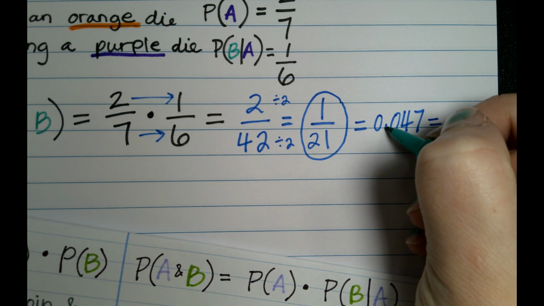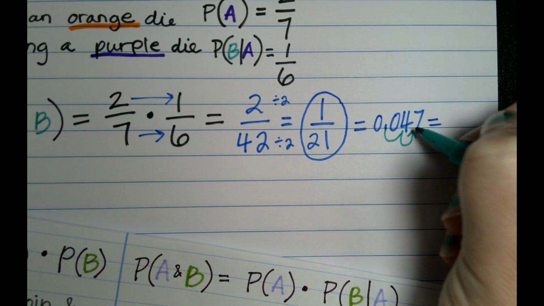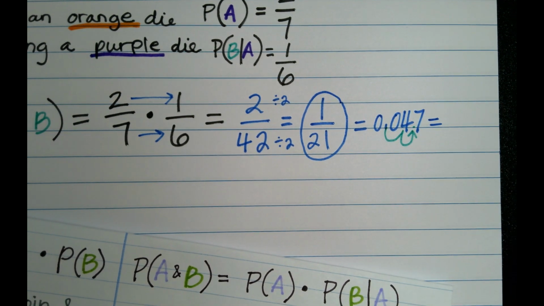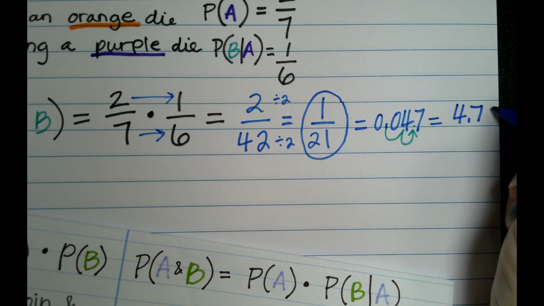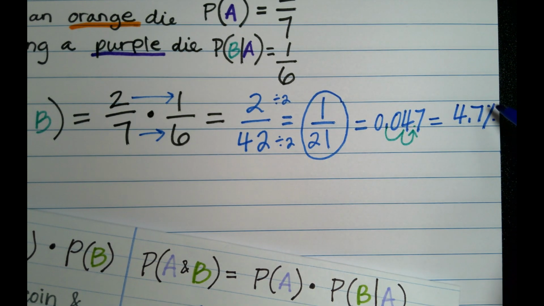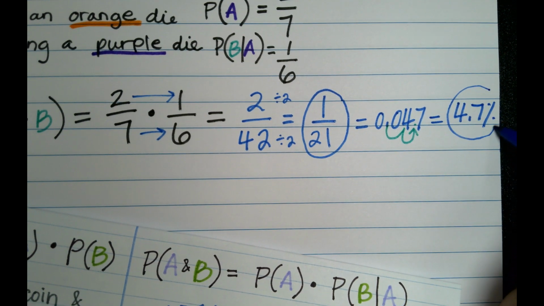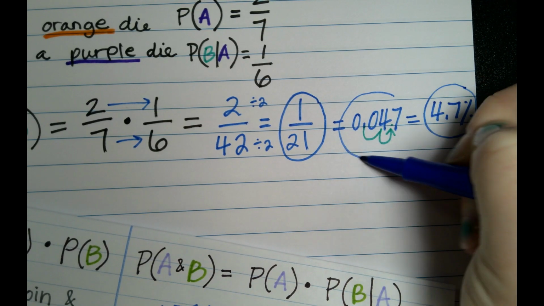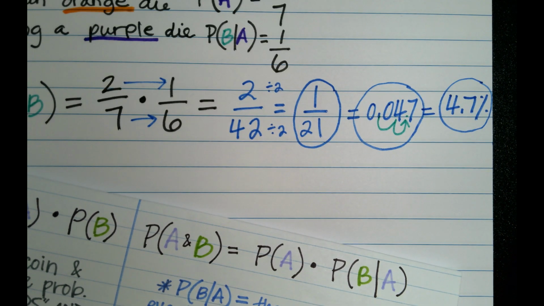I take my decimal and move it over 1, 2. The new decimal place goes after the 4. 4.7%. That's a pretty low chance of both of these happening. Only about 4% of the time will it happen. So these would be our 3 different ways to write the probability.